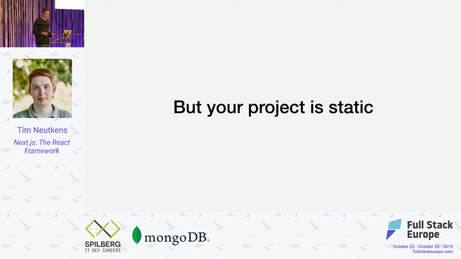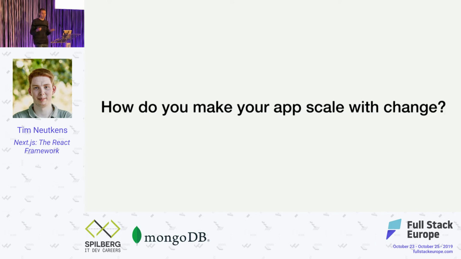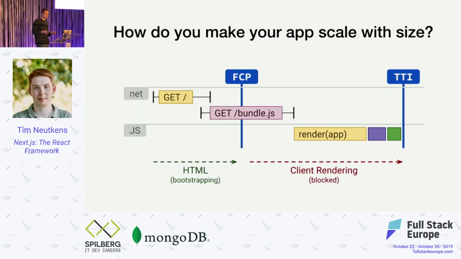So really the question is, how can I make my app scale with all these changes that happen in requirements, for example? Similar to going from a monolith to microservices. And also, how can I make my app scale with size? Generally when you start building a React app and you do it all by yourself and you haven't thought of anything else really, you get this single JavaScript bundle.